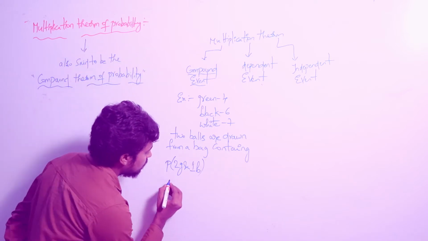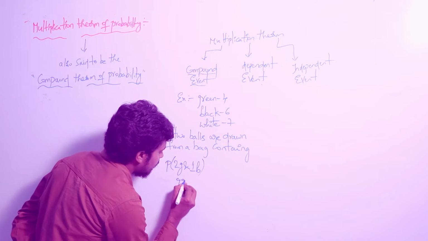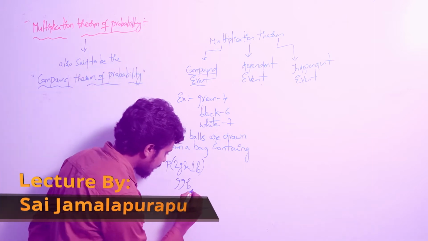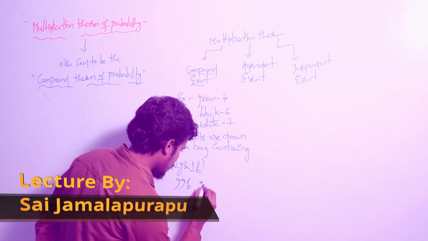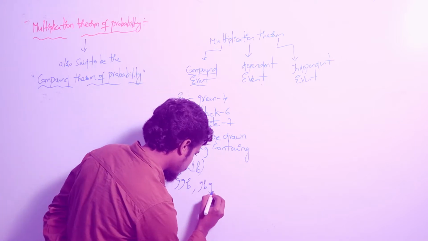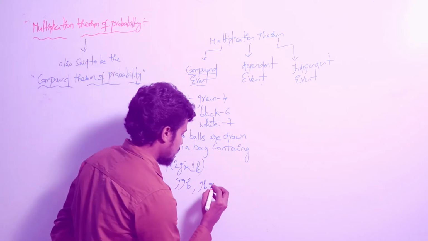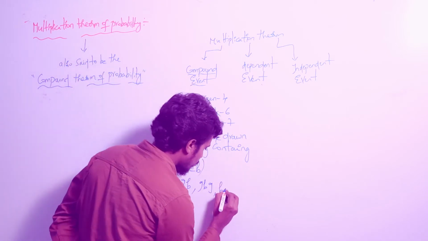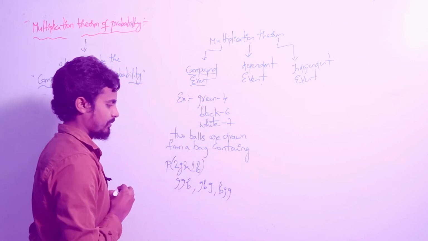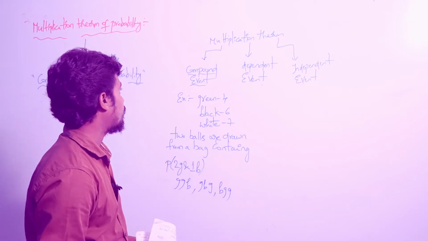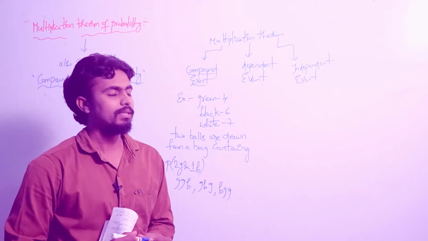That will be green, green, white as one chance, and the next green, white, green as another chance, and the third white, green, green. Three chances of probability will occur for a compound event.